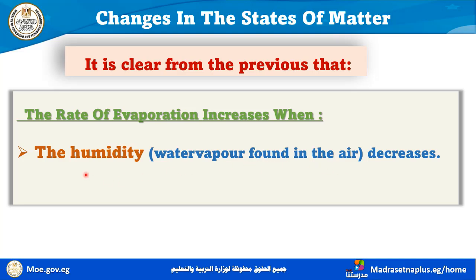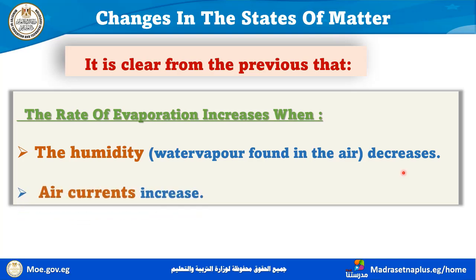So high humidity decreases the rate of evaporation, and that is why you feel uncomfortable in hot humid air, because of the low rate of evaporation of your sweat, while in dry air you will feel comfortable due to the increased rate of evaporation.